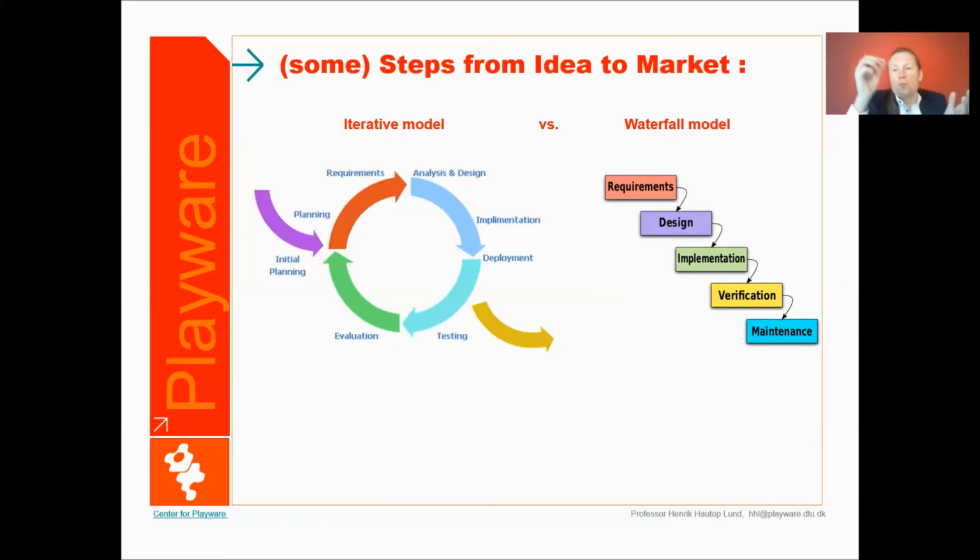And that means that the waterfall model becomes very difficult to use, or essentially impossible to use, because from the beginning, a priori, before you get started, you cannot put up every single requirement which is needed in terms of the many different stupid ways that people will interact with your future product. So that means that you do need to go into a cycle, into an iterative model where you little by little are able to refine what you're doing.